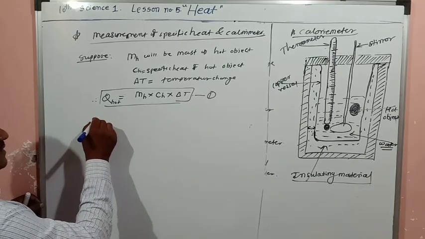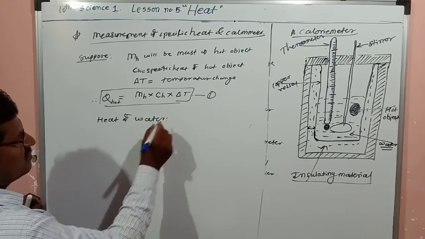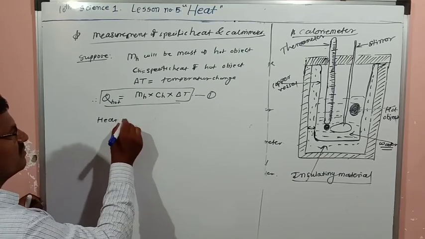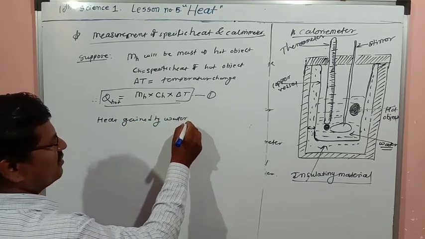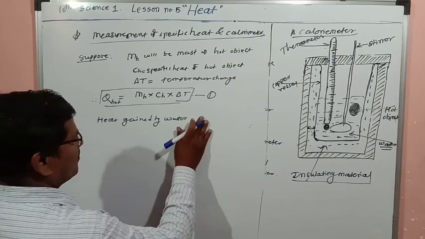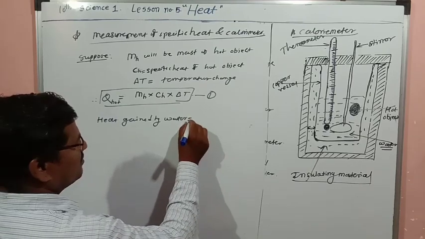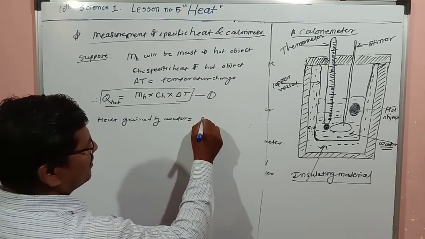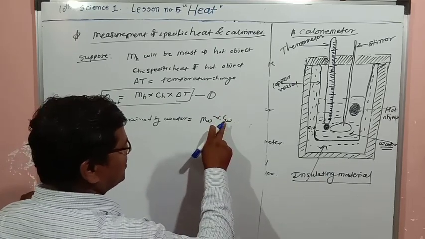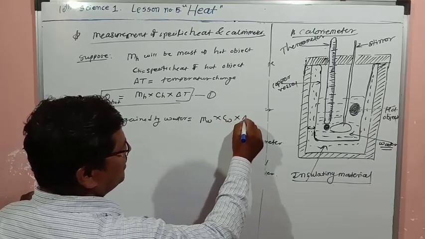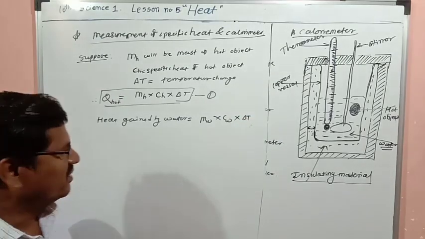Then the heat gained by water is equal to mW, mass of water, multiplied by Cw, specific heat of water, and multiplied by delta T, the increase in temperature.